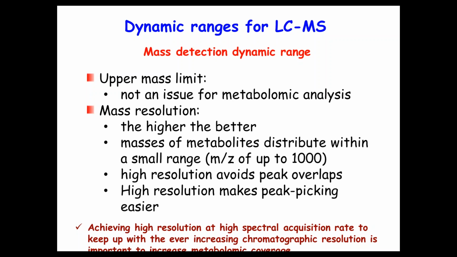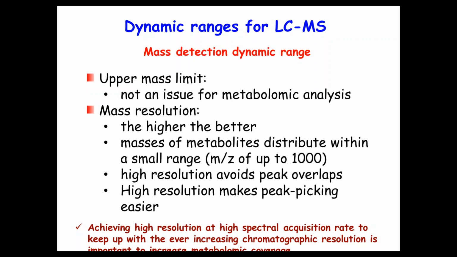The higher the resolution, the better. This is particularly true as we deal with metabolites with their mass distributed within a very small m/z range. High resolution avoids peak overlaps and also makes peak picking easier, thereby increasing the number of metabolites detected.